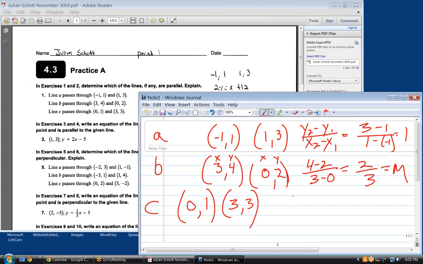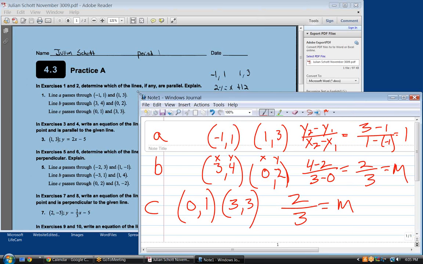Oh wait, no, 2. 2/3. Okay, so which two lines are parallel? B and C. Okay. And you can see how important it is to get the y's on top and the x's on the bottom. If you get them backwards, you get the wrong slope.